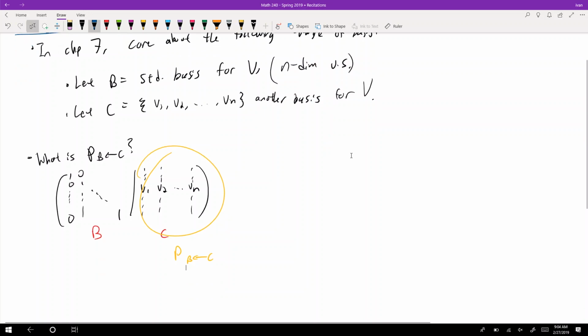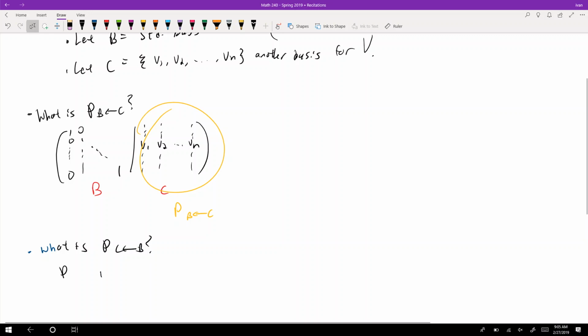Now a similar question is, what is P from B to C? We learned previously that if you go from one change of basis to the other, then the reverse direction is just an inverse. So P from B to C is just equal to P from C to B inverted.